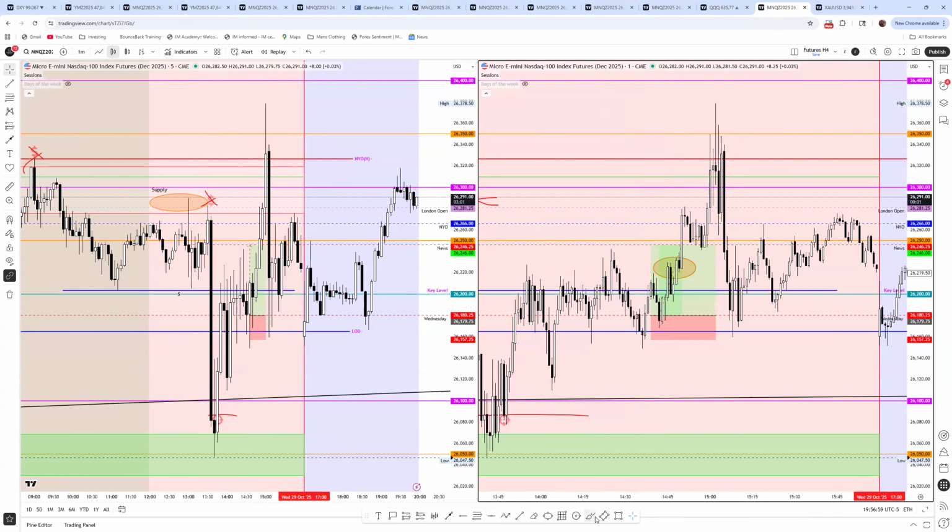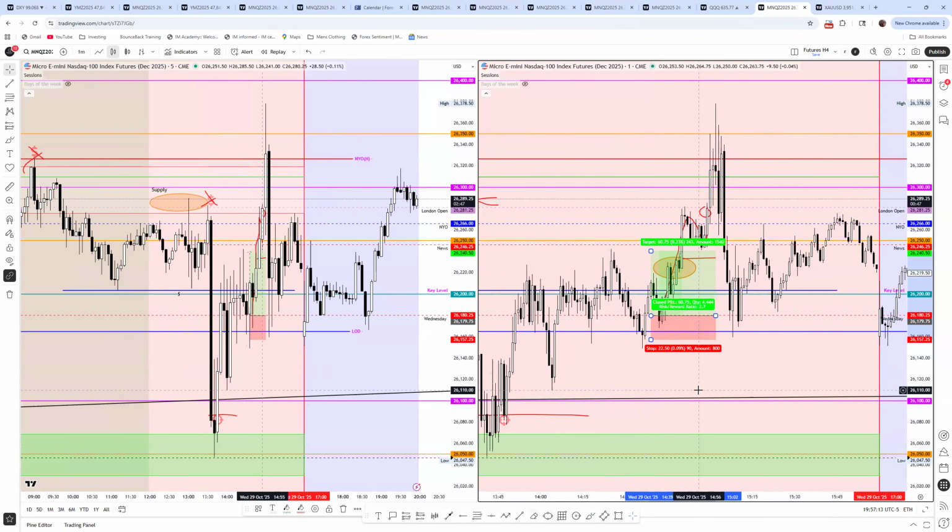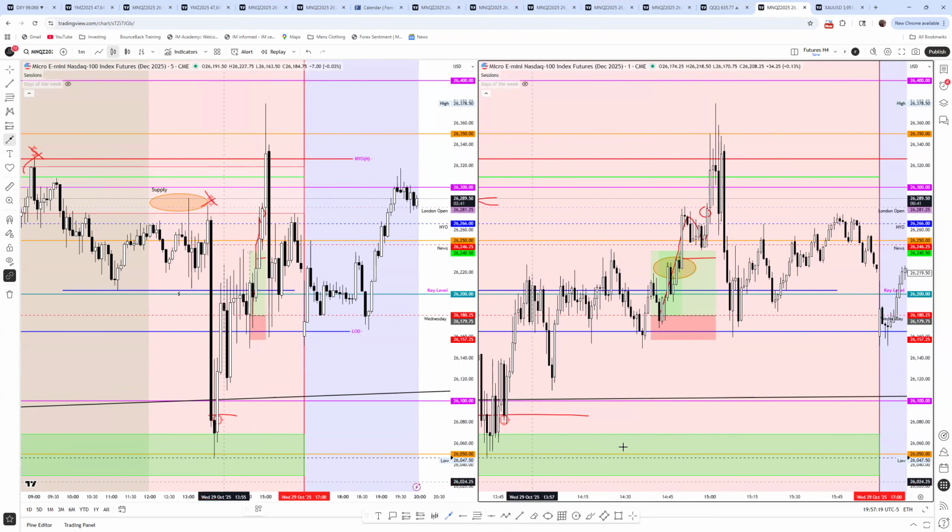So it goes from here up and then it never even comes back to this area and takes that new high, essentially all you have to do with this setup is just trail the risk to the bottom of this candle right here.